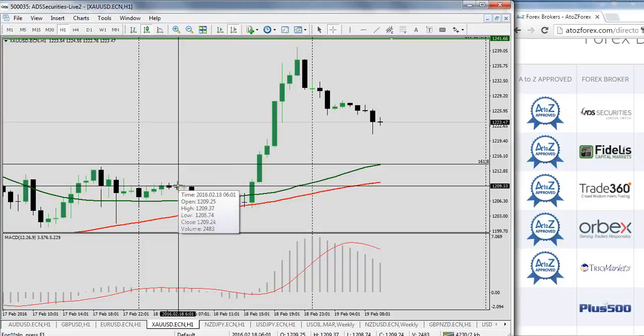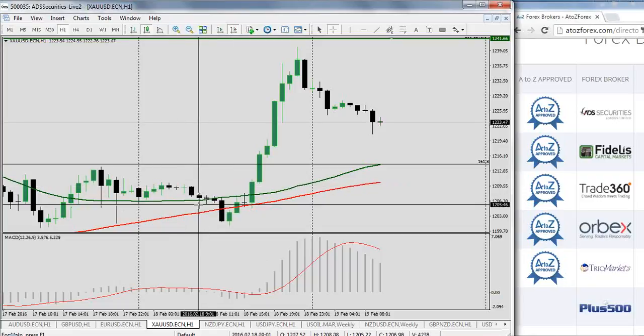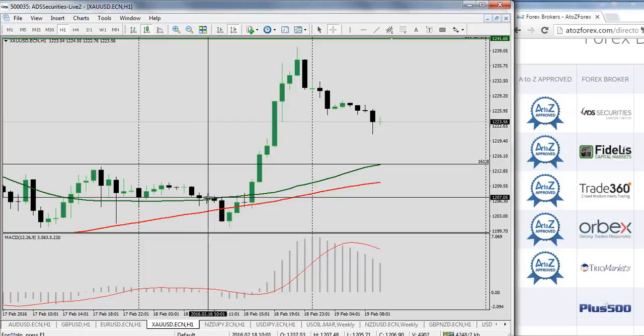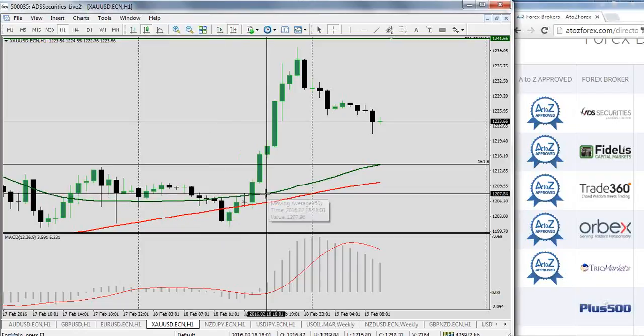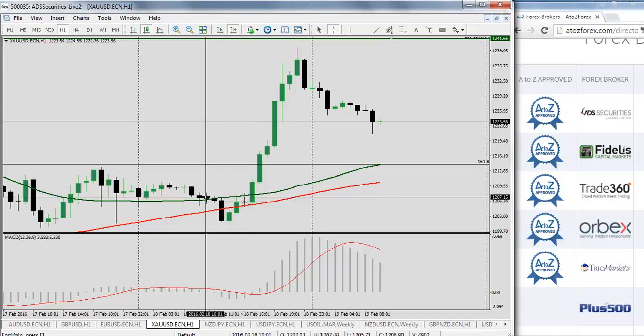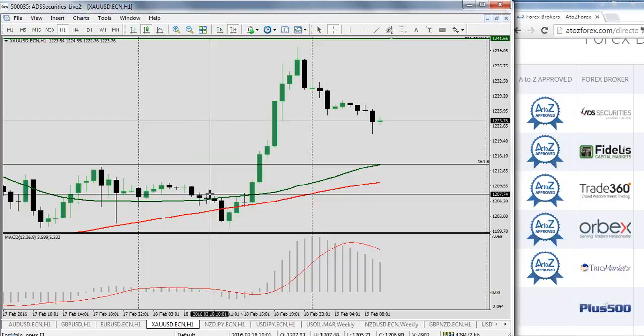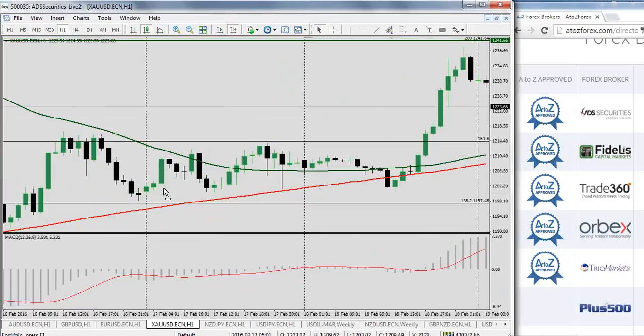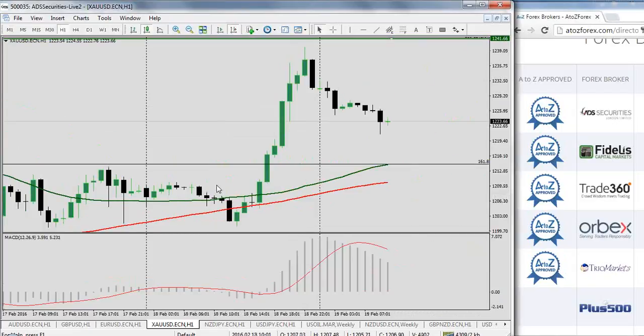We analyzed the market at 10 o'clock, of course, as usual. The reason why we were looking at the 1,207 level was the fact that the candlestick formation that we had in front of us was a reversal candlestick formation the previous hour, this one, 9 o'clock.